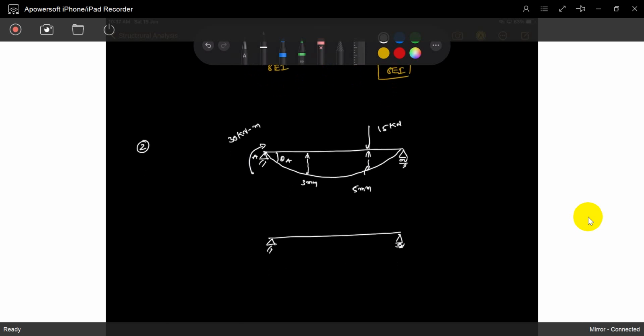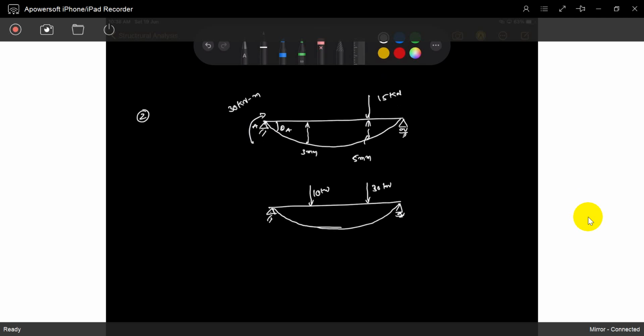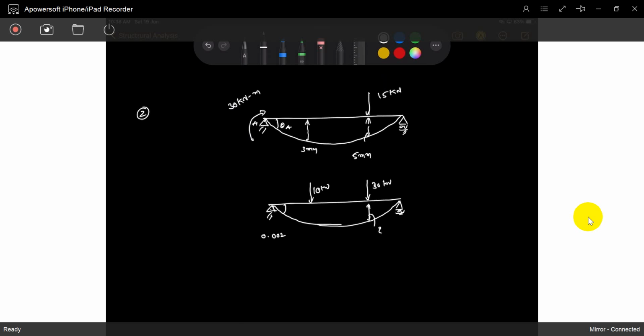Same beam. Now if a 10 kilonewton force and a 30 kilonewton force are applied, this rotation is 0.002, and this rotation we don't know. Can you calculate it?